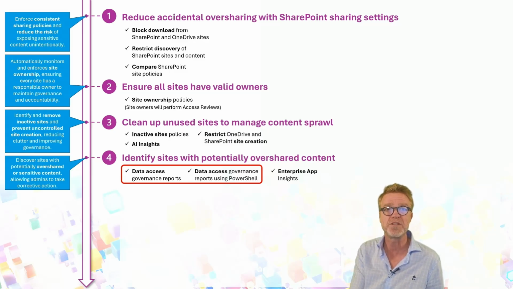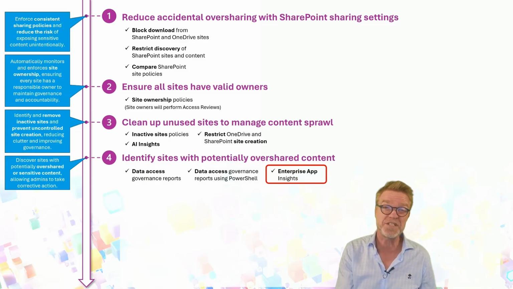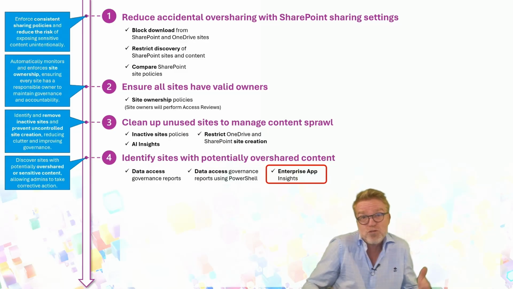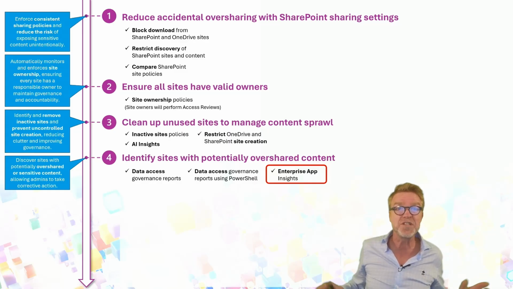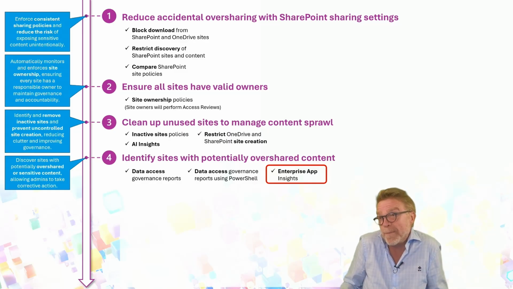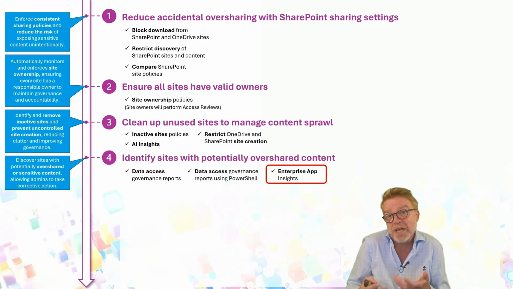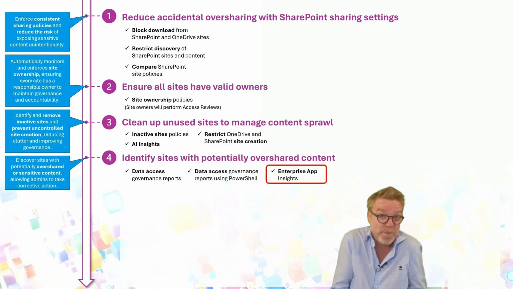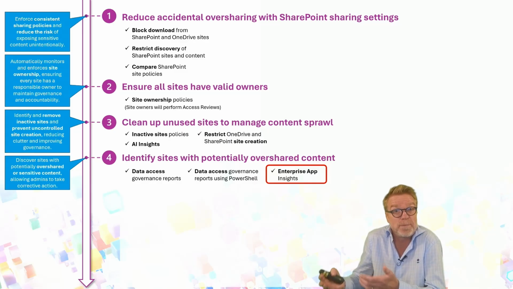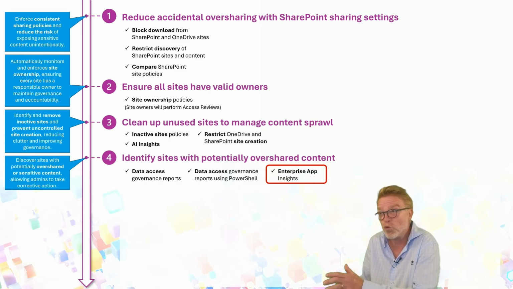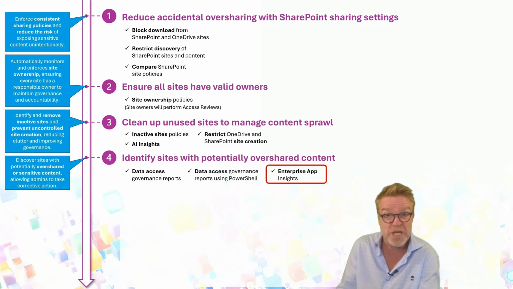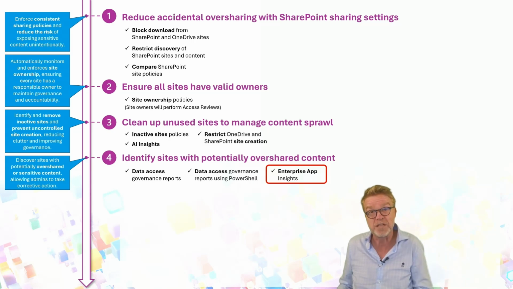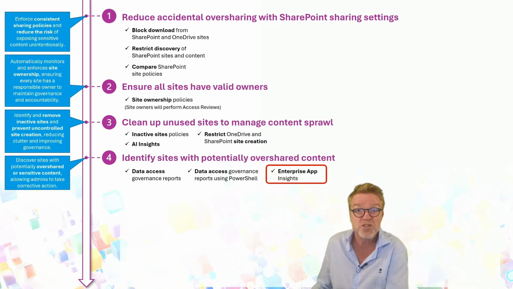Enterprise App Insights is very related to the fact that, of course, you start to deploy all kinds of applications in your environment. And when you deploy an application, they typically use an Entra ID enterprise application registration. As part of an application registration, you typically also have to specify to which data resources, to which APIs, that app through that registration gets access.